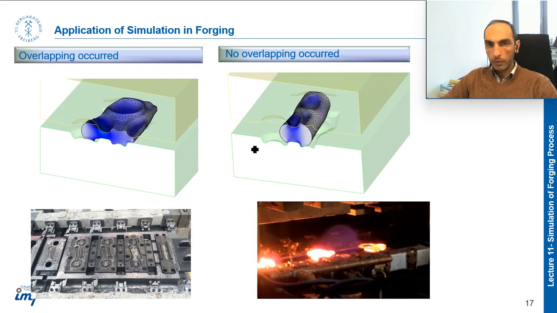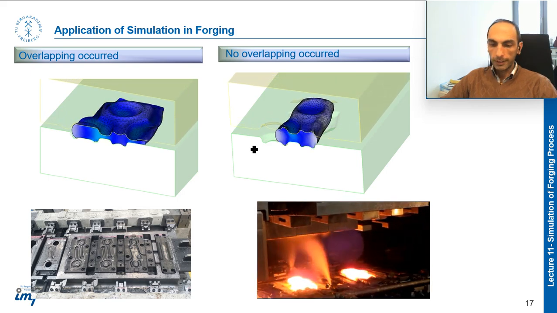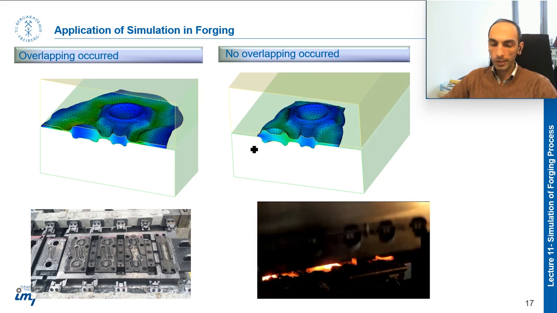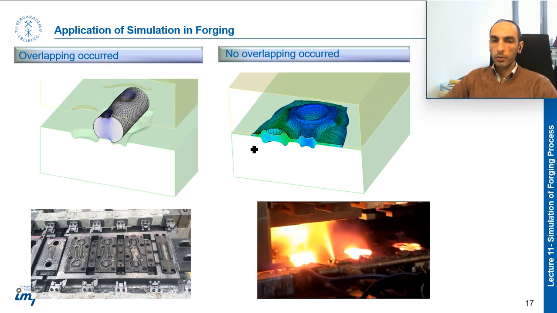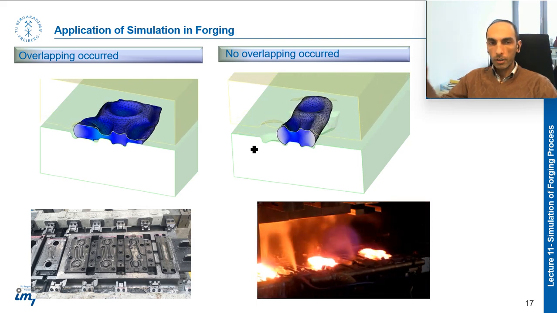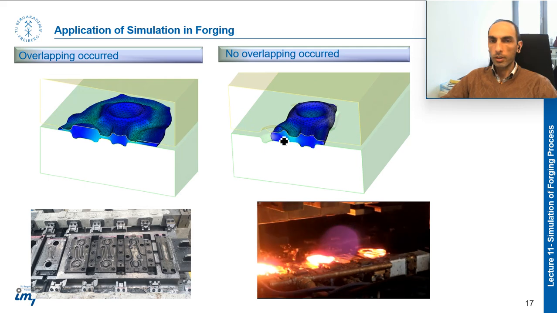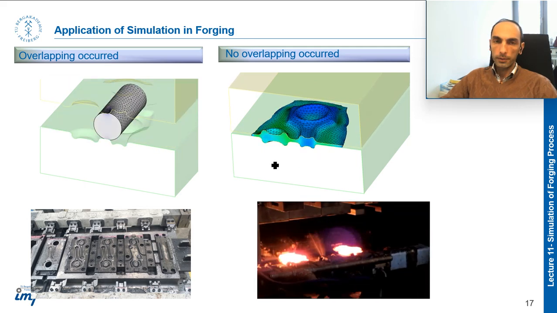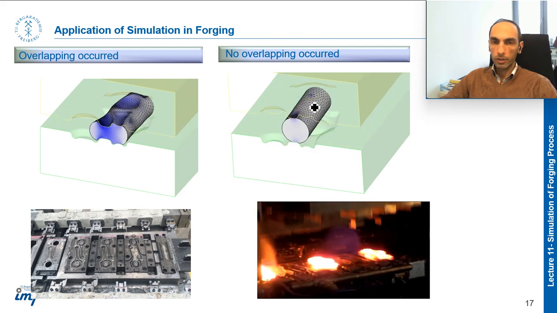So the problem is solved and the defect is removed. But of course, not with only a single try, not only with a single simulation. Several simulations were used, and then finally they could solve the problem, and then you can suggest the new design to the manufacturer.